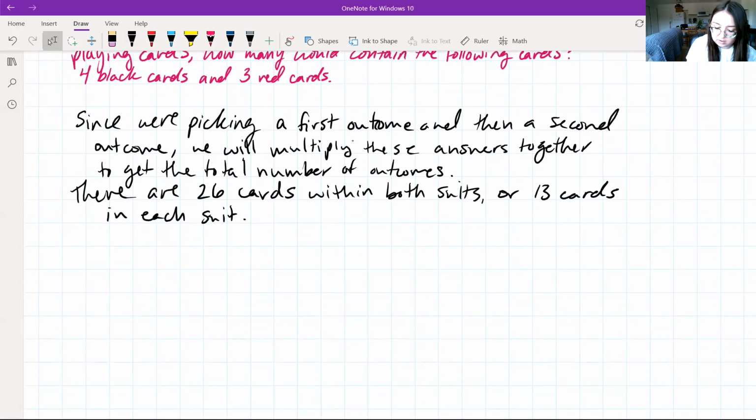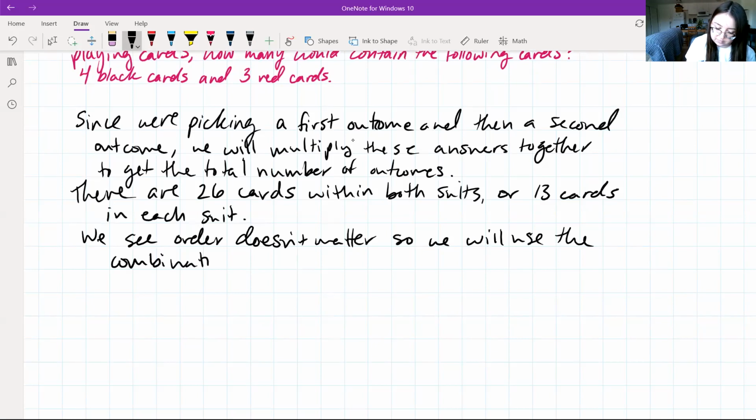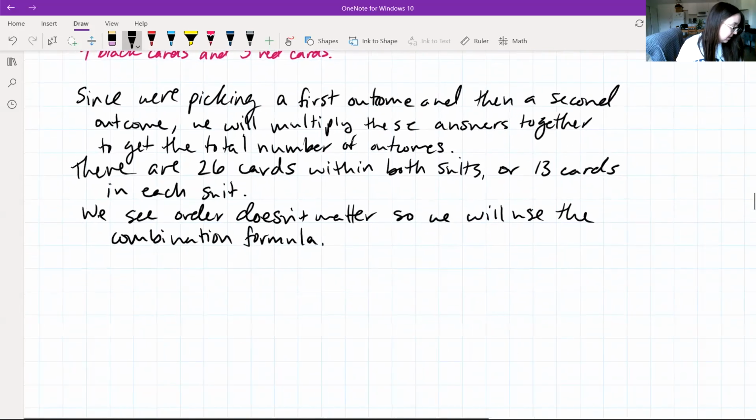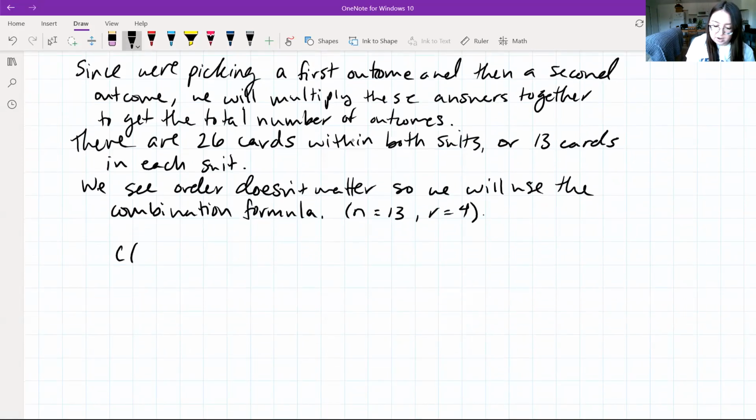So we see order doesn't matter. So we will use the combination formula. All right, so we use the combination formula. We'll say that n is equal to 13 and r is going to be equal to 4. Then we get our combination of 13 and 4.